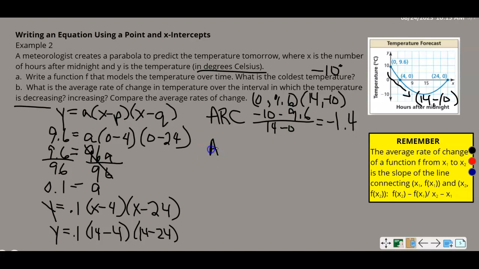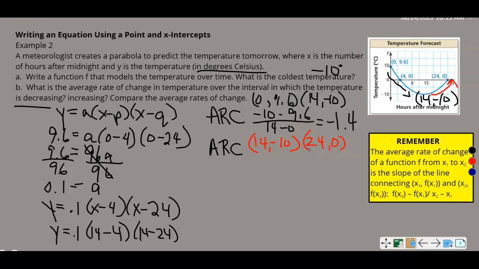So let's do the same thing, average rate of change for when it's increasing. So where is it increasing? It's increasing from the vertex up to this other x-intercept here. So we're going to use (14, -10), and we're going to use (24, 0).